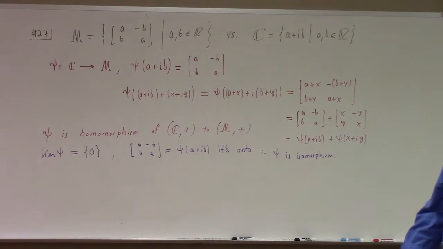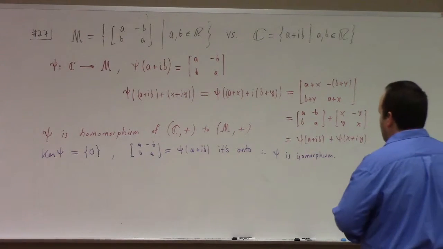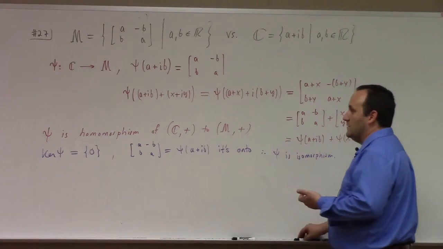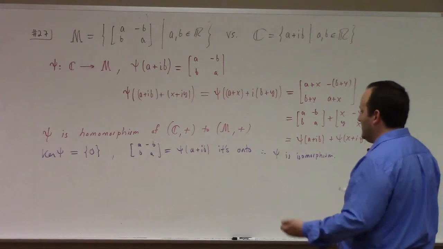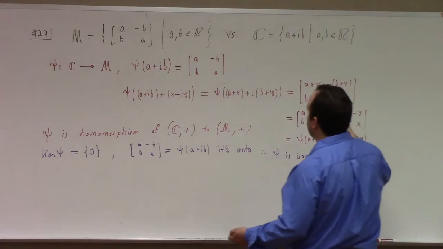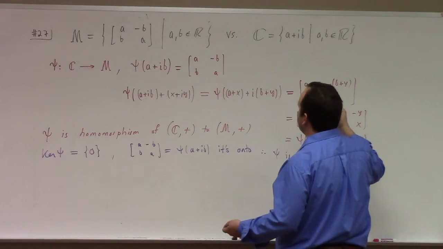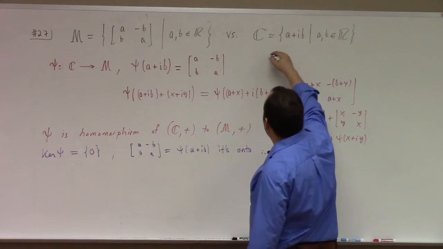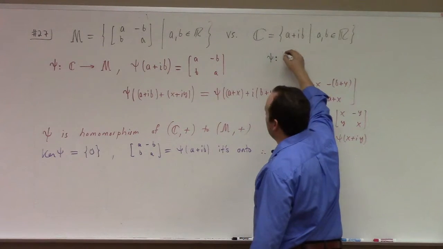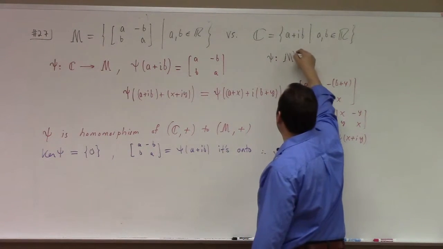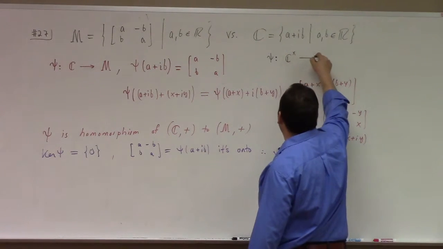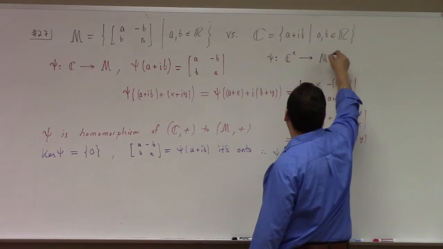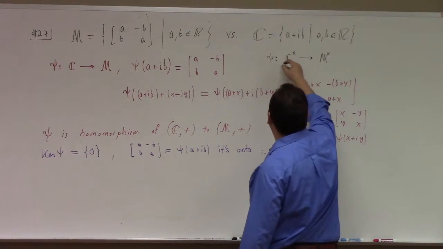But it's also an isomorphism in the multiplicative sense. But there I have to be careful, right? I want to show psi is a map from the non-zero complex numbers to the non-zero matrices, excuse me, I had it the other way around.